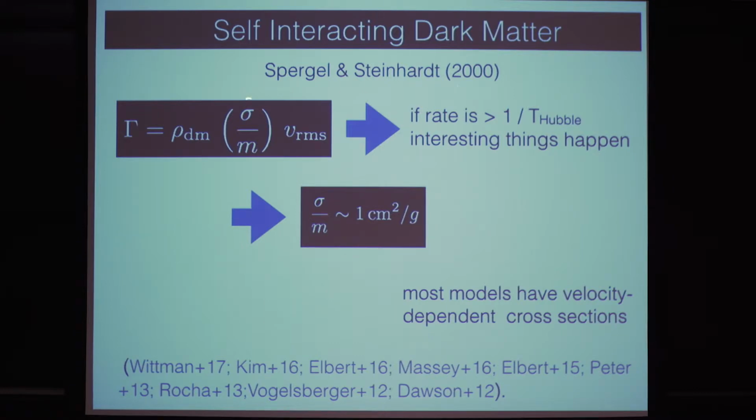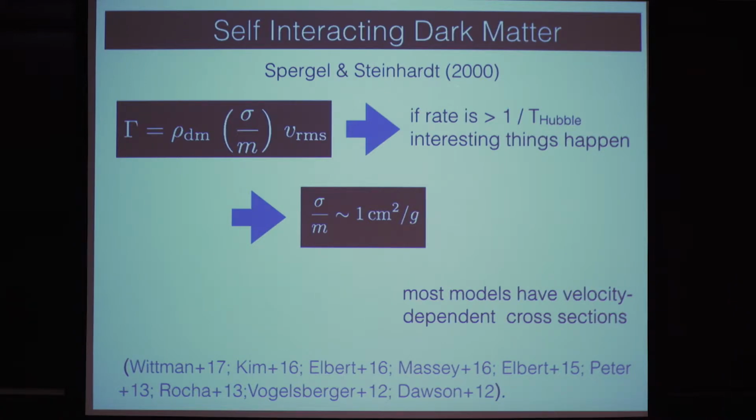So the basic idea is you have a cross-section for self-scattering. And again, this is dark matter scattering off of dark matter, not dark matter scattering off of baryonic matter or nucleons. Normally, a scattering rate would be number density times cross-section times velocity. But we don't know the number density of dark matter particles because we don't know the dark matter particle mass. So instead you write the mass density and you write the cross-section as the cross-section per unit mass.